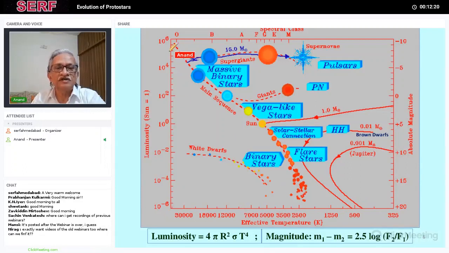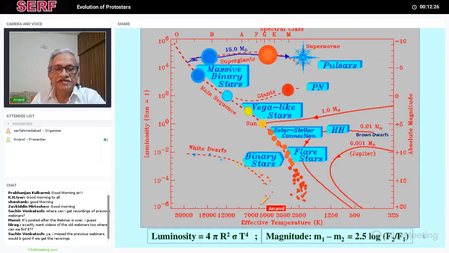So hot stars and cold stars. Now the sun is here, at this temperature, around 6,000, let's say. The luminosity is normalized to the sun, 1 solar luminosity. And this is the absolute magnitude, which we have defined already. The massive stars are over here, low mass stars are over here below. So this is called the main sequence. What is the significance of the main sequence?